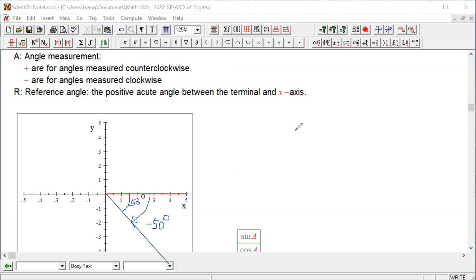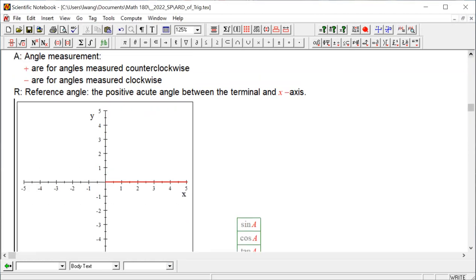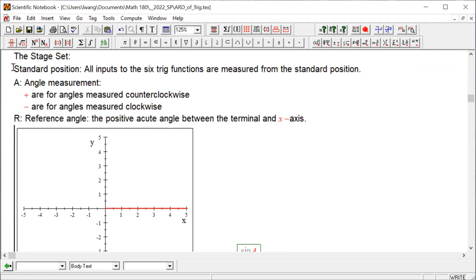Next, we're ready to introduce our definition. Be sure you get the stage set. Let's repeat the stage set. Number one, standard position. Number two, angle measurement.